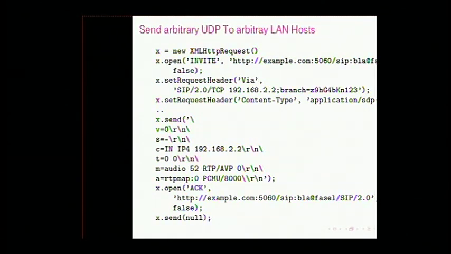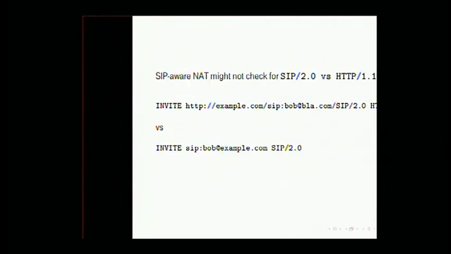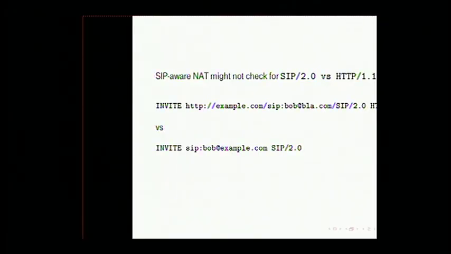You put simply the JavaScript into some web page, and you trick the victim into accessing this web page, and this JavaScript is executed and sends an HTTP request to port 5060, which happens to have a method of invite, which looks like it, and perhaps the NAT router will accept it as SIP. If they don't do proper parsing, if they just look for the SIP colon or SIP 2.0 string, they will think this is SIP and will open ports for you.